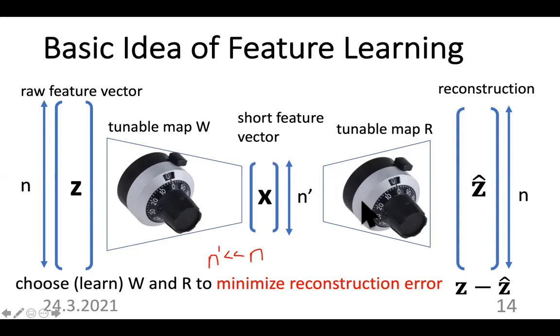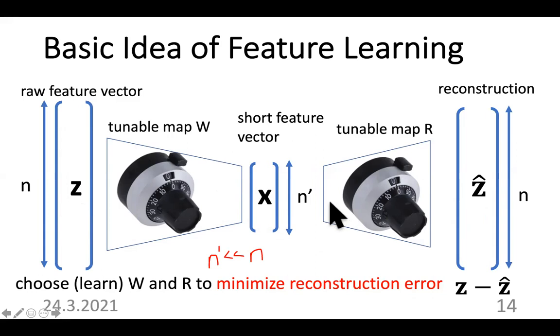And in feature learning, we use as a loss the best achievable recovery error or reconstruction error. So we take the output of this compression map and then use another tunable map to try to reconstruct the original raw feature vector as good as possible.